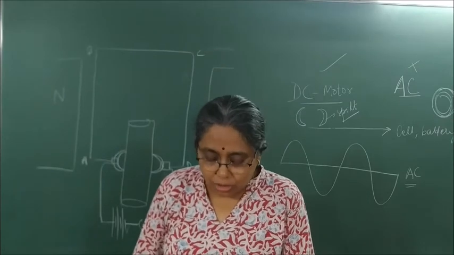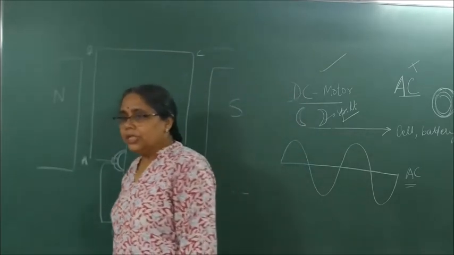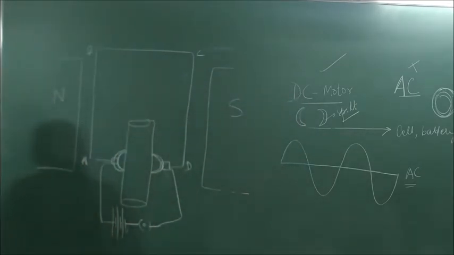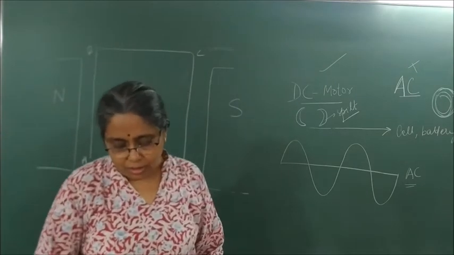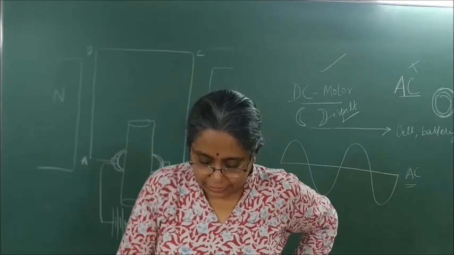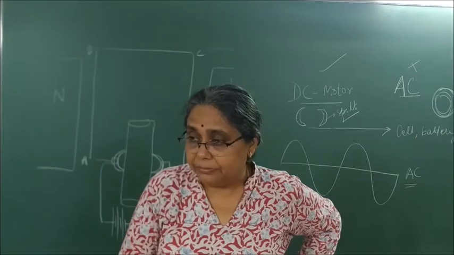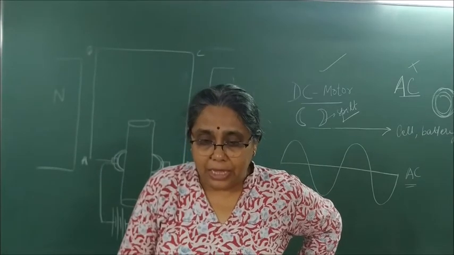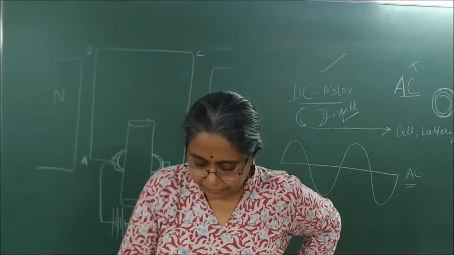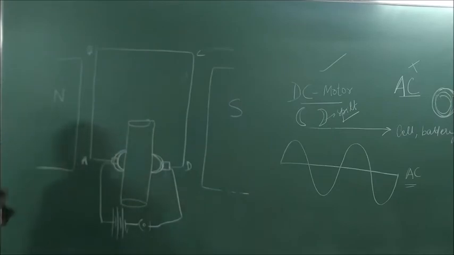Next point. The coil is placed between the two poles of the magnetic field such that the arms AB and CD, how is the magnetic field?